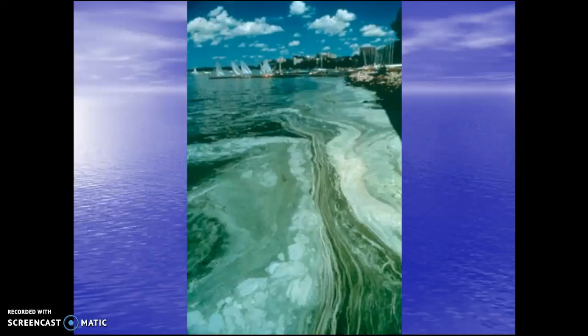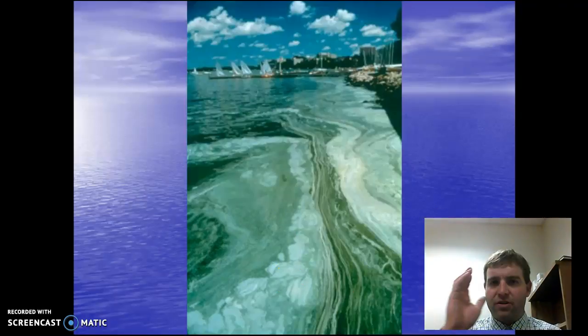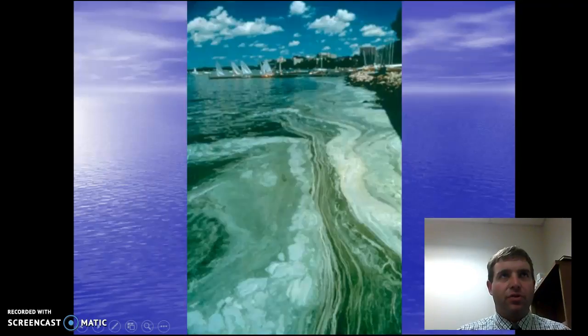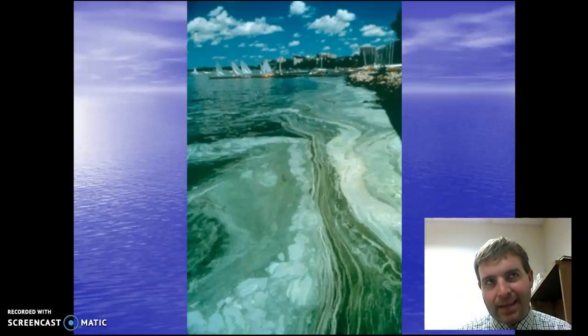And sometimes what happens is you have a river, like the Chesapeake Bay that we talked about, and it's just flowing downhill. Lots and lots and lots of nutrients, right? It's just cruising. And the decomposers and the plants are there, but maybe it's lacking something. Maybe it's lacking oxygen.